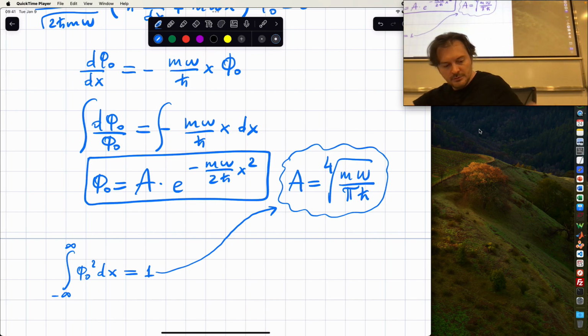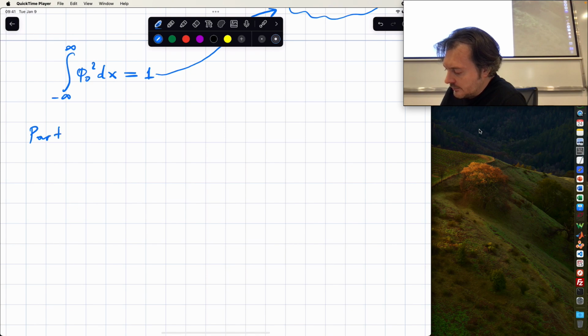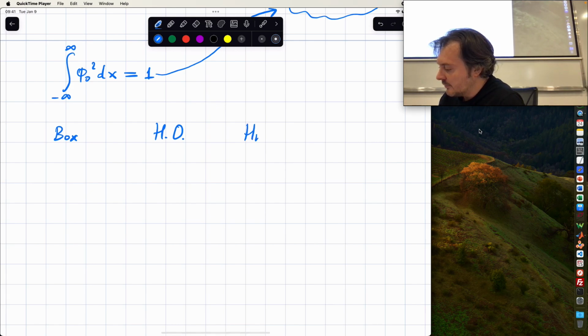Very good question. So we have seen particle in a box, right? In a box. We have seen the box, basically. Particle in a box, particle in harmonic oscillator potential. And what you are asking is hydrogen atom.